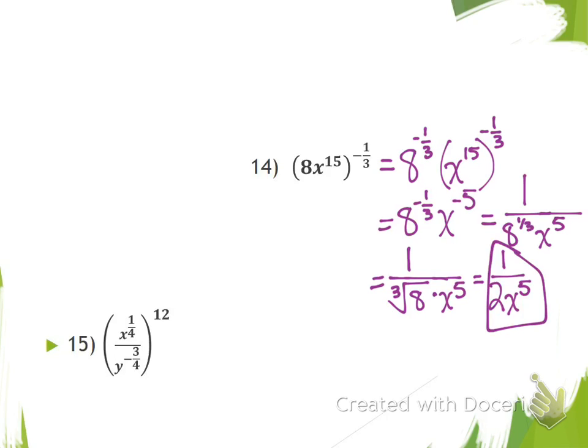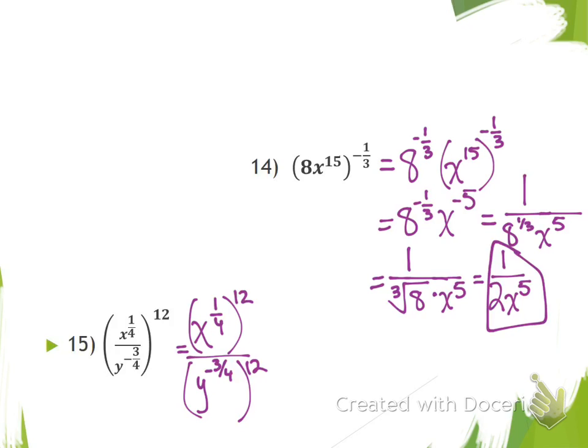Okay. We've got one more. This one is not so bad. If we have a fraction raised to an exponent, then both the top and the bottom get the exponent on the outside. This step I don't necessarily always expect to see, but we've got x to the 1/4 to the 12th over y to the -3/4 to the 12th.